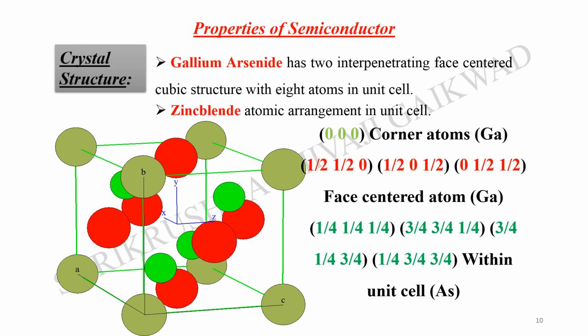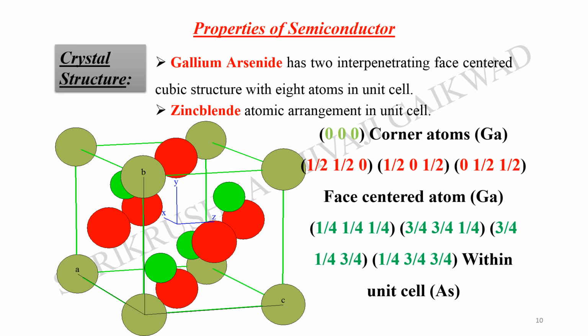The red as well as the light green atoms on the faces are related to one FCC structure, and the dark green atoms correspond to arsenic. The red as well as the light green are gallium atoms.